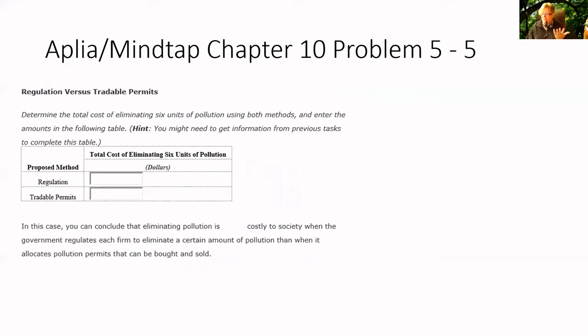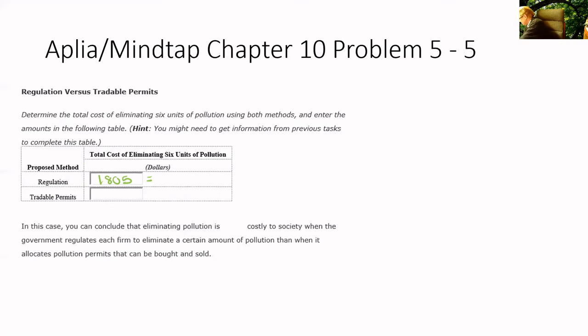Okay, so here they're asking us what is the cost of eliminating the pollution in both scenarios. And so when we look at that, what we want to do is to just simply add up all of the costs under the two scenarios. So I ended up with 1805 for regulation. And how did I get the 1805?